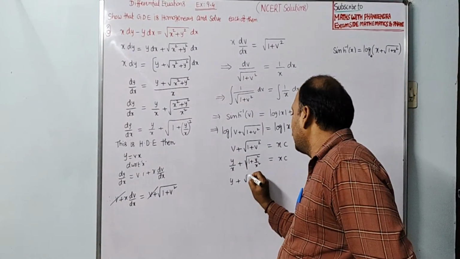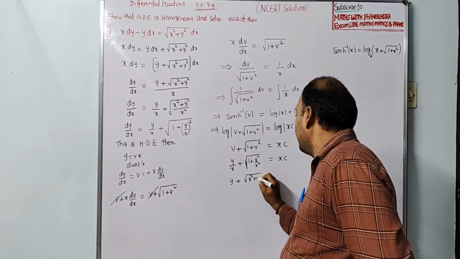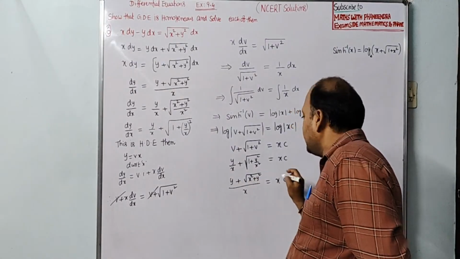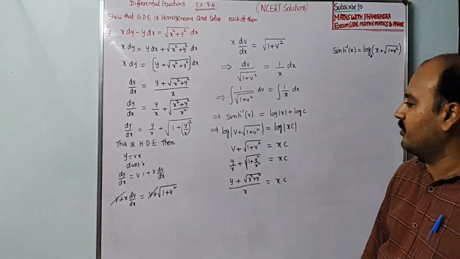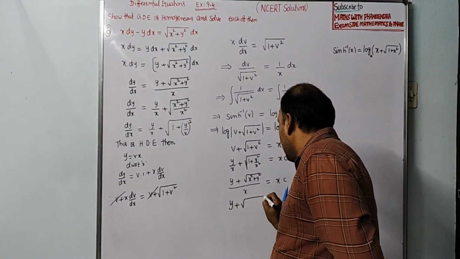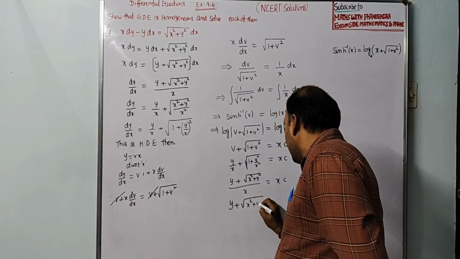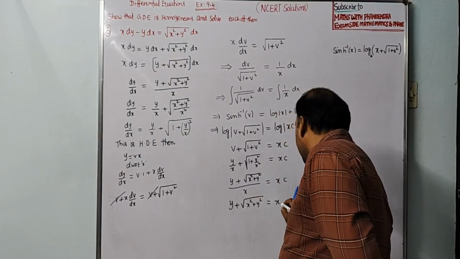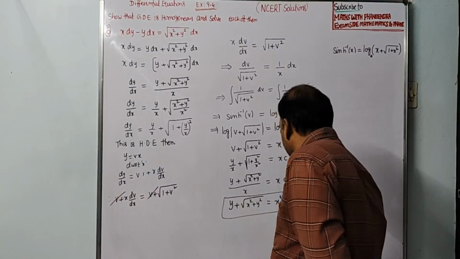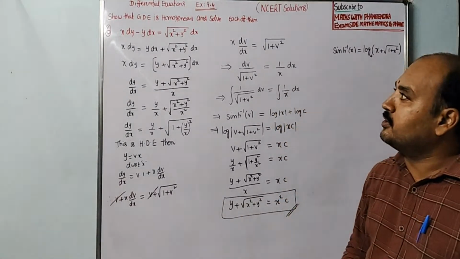So y plus root of x square plus y square, by x, is equal to xc. Take x square out of the root, so x comes out. Therefore y plus root of x square plus y square is equal to x square c, which is the required solution to the given differential equation.